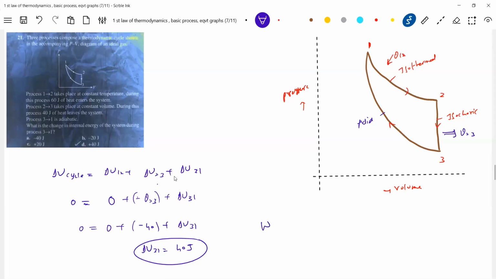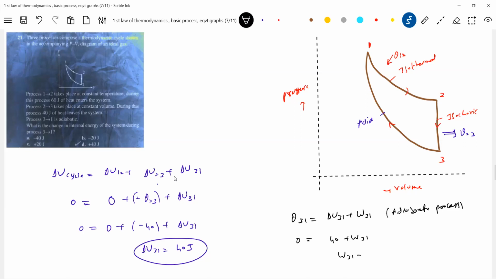So what is work done? Let's come to other things. Q31 should be equal to delta U31 plus W31. We'll agree this is 0, as it is an adiabatic process. So delta U31 is how much? 40. Okay, agree this.